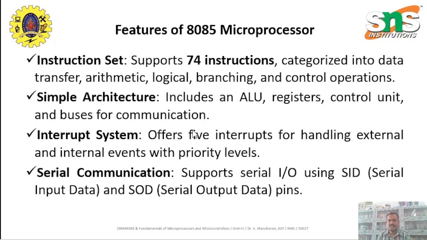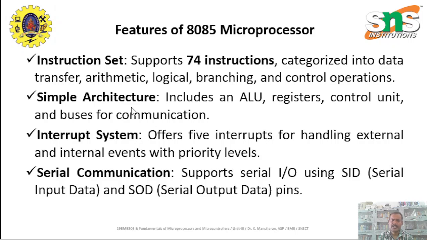So the instruction set supports up to 74 instructions. These are categorized into data transfer instructions, arithmetic instructions, logical instructions, branching instructions, and control operations. Data transfer means moving data from one register to another register, or a memory to another memory, or a memory to registers, or different cases we can take.